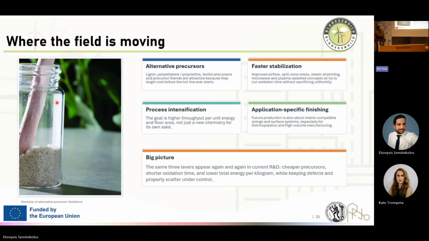In the field of resins as well, we are using a lot of greener resins. You saw yesterday how complex it is to recycle thermoset resins due to the crosslinks.